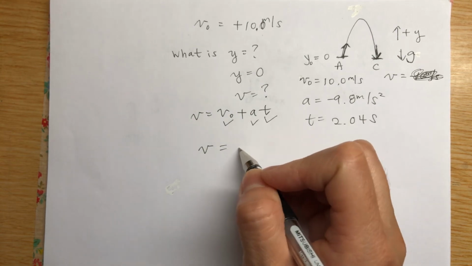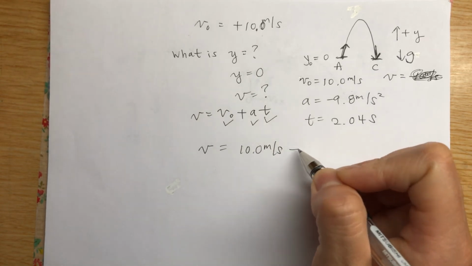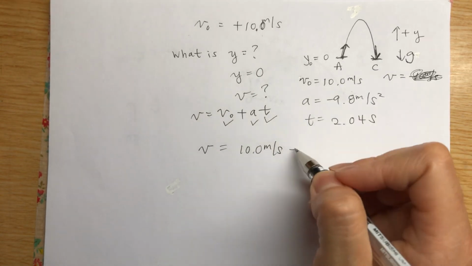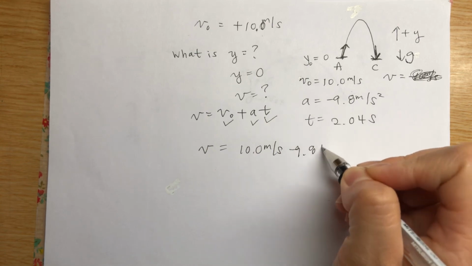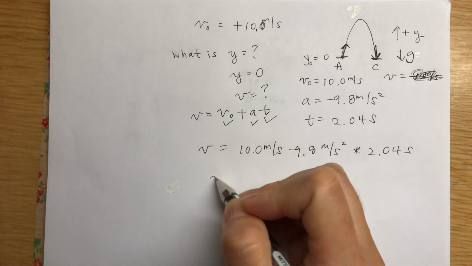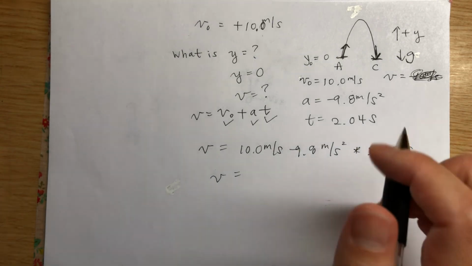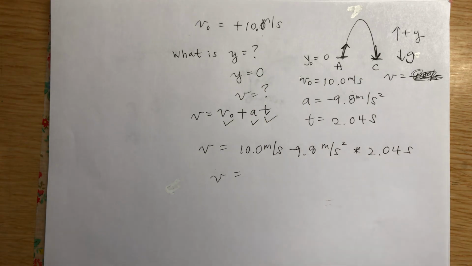So V equals 10.0 meters per second plus negative 9.8 meters per second squared times time. Let's put that in our calculator: 10 minus 9.8 times 2.04.